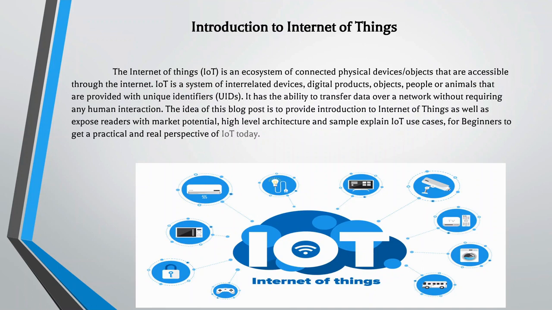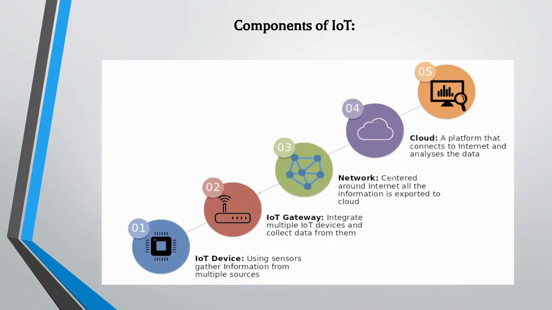It has the ability to transfer data over a network without requiring any human interaction. The idea of this blog post is to provide an introduction to IoT as well as expose the reader to market potential, high-level architecture, and sample use cases, to get a practical and real perspective of IoT today.